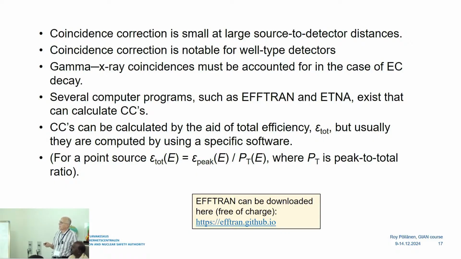I think it can, but there are several other computer programs, such as this EFFTRAN software, for example. They can calculate coincidence corrections. Corrections can be calculated with the aid of total efficiency, but usually they are computed using specific software.